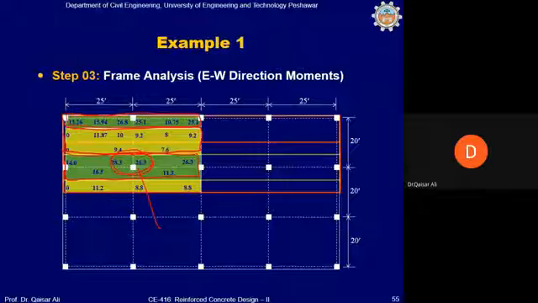For example, if you look at this 16.8 and 14, they are very close values.